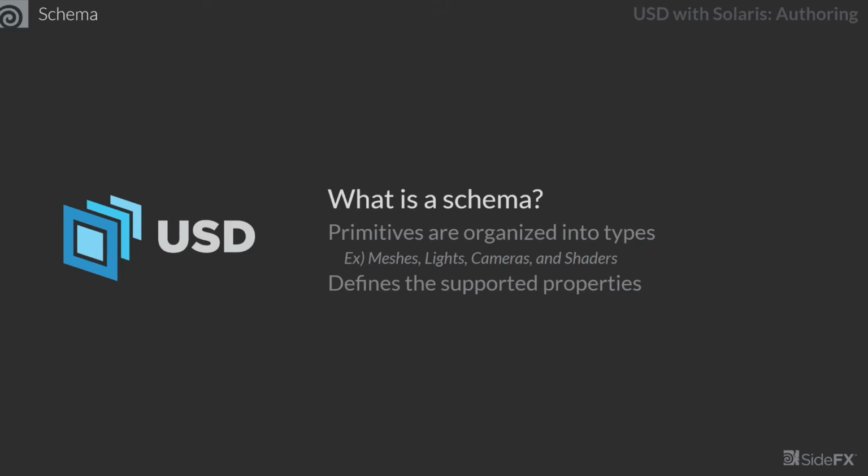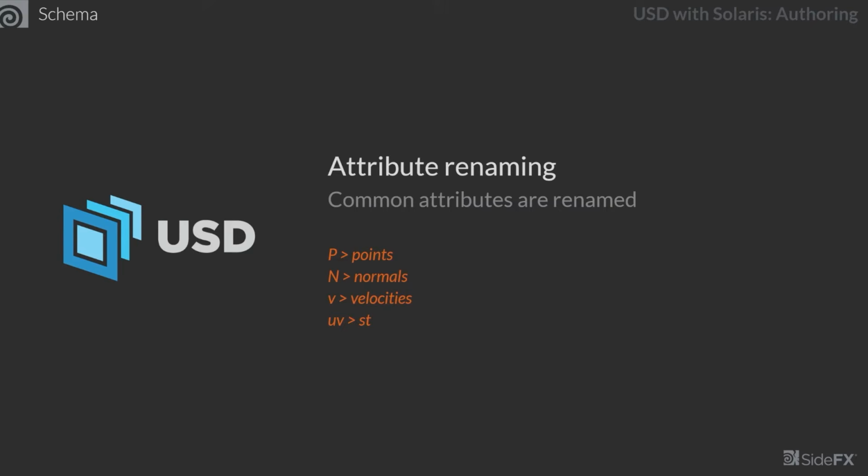So this is a way to define everything that happens when you're making, say, a camera or a mesh in USD. One of the main things that happens there is attribute renaming. Common attributes in a software like Houdini get renamed to the corresponding type of attribute that would exist in USD. So here are four very concrete, common examples.